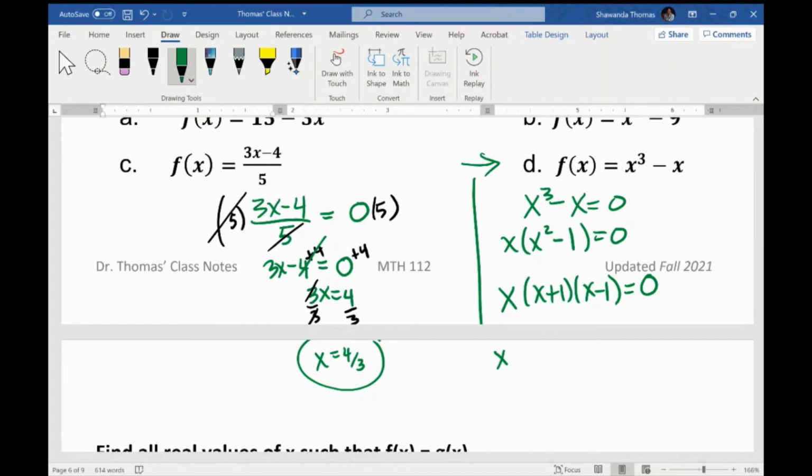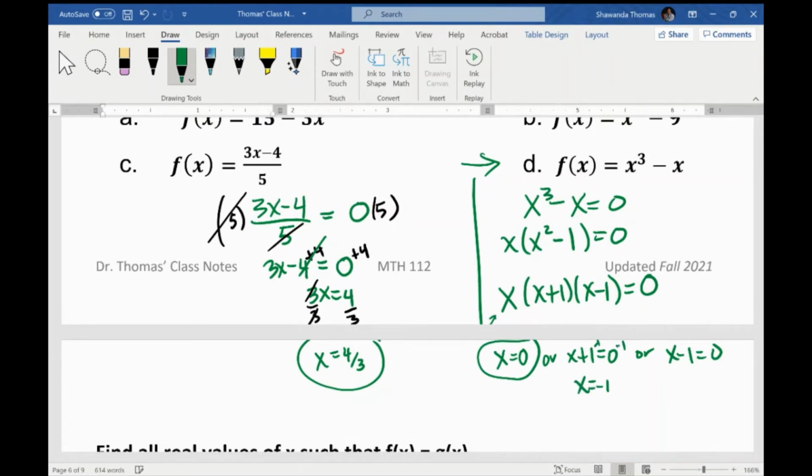And then don't you have to set the other x to 0 also? Yeah, don't ignore that. It's 3 factors, right? The first factor is x. I'm going to put OR. We like the OR in math. X plus 1 equals 0, or x minus 1 equals 0. We just don't have to solve it because it's already done for us.